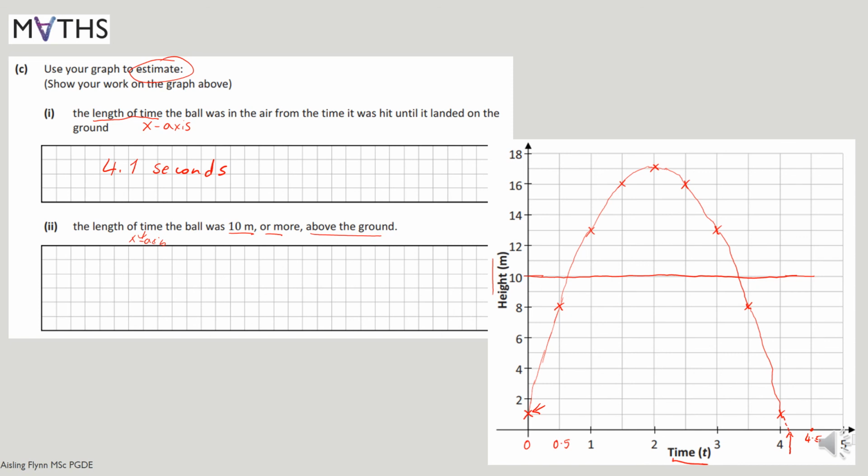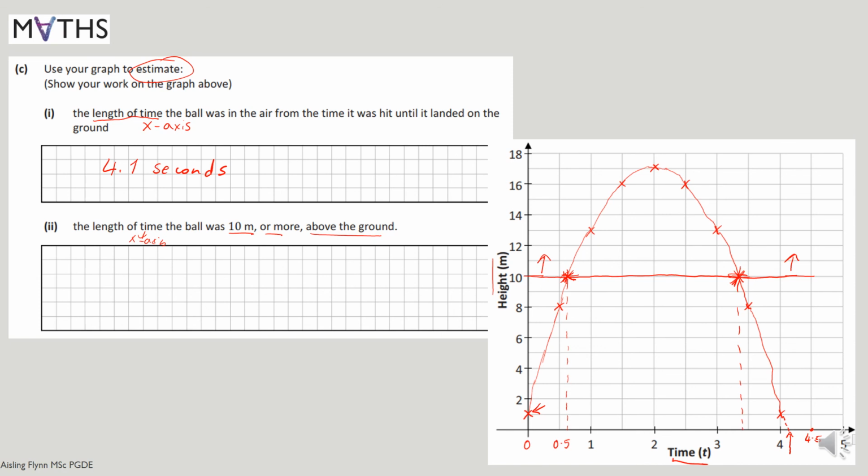So the ball is 10 meters or more above ground from this point here to this point here. Now we need to know the time it takes for it to go up and down between those 2 points. So I'm going to drop a vertical line down and down, and I'm going to estimate.